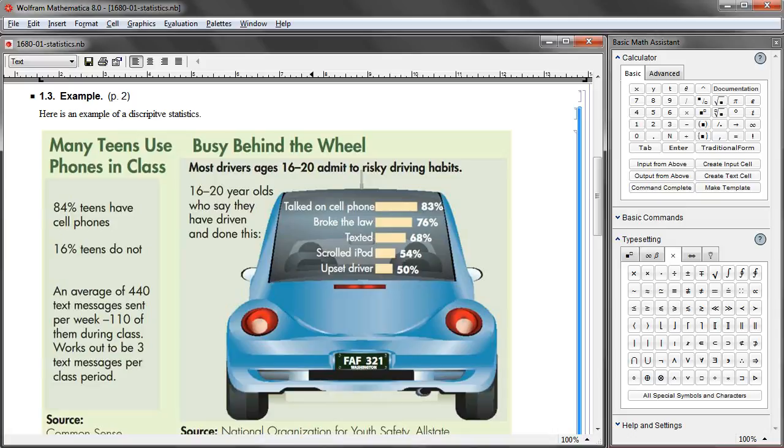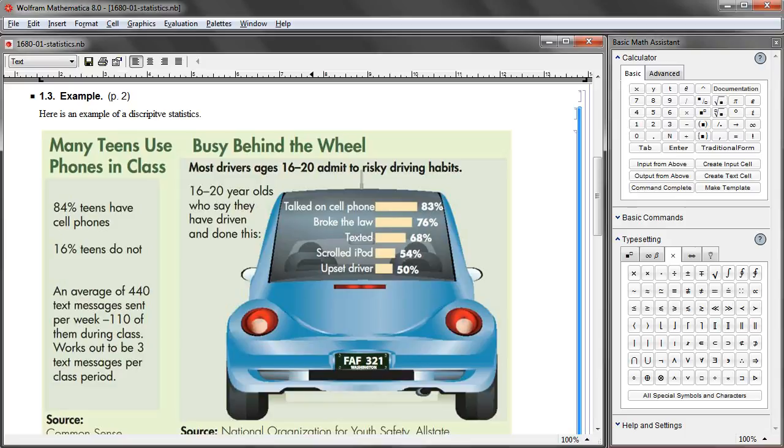That kind of thing is called descriptive statistics. This bar graph is one mechanism to describe some data values that we collected, and that kind of thing is called descriptive statistics. Of course, there are a variety of other ways, but bar graph is one of those. Oh, by the way, the picture of this car is a part of descriptive statistics too.